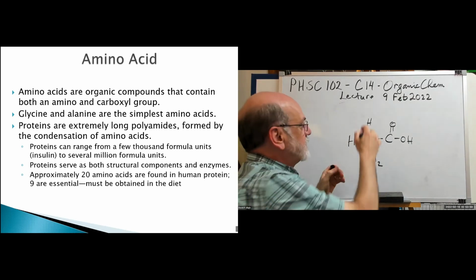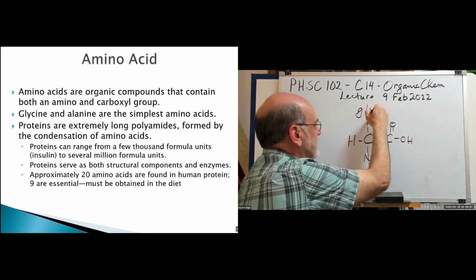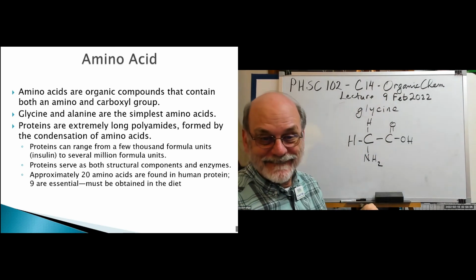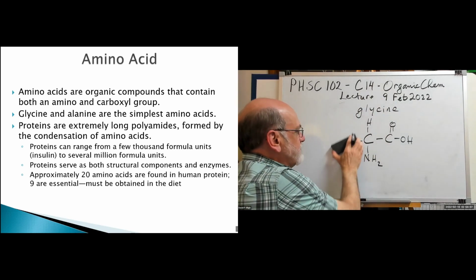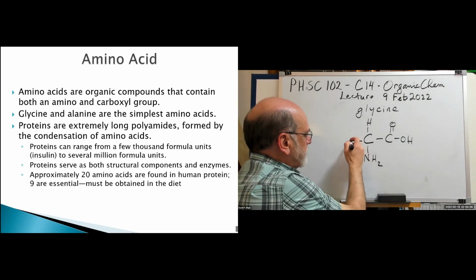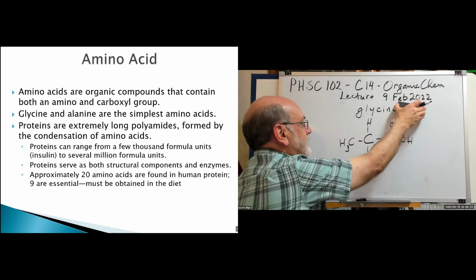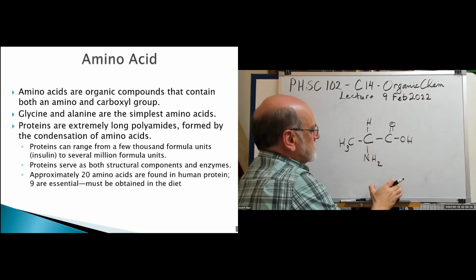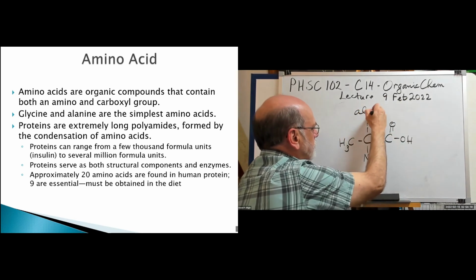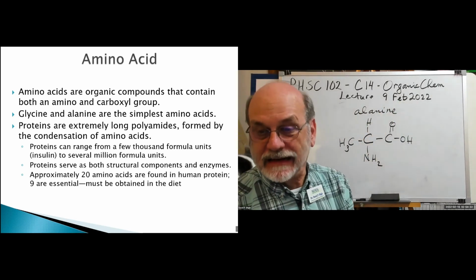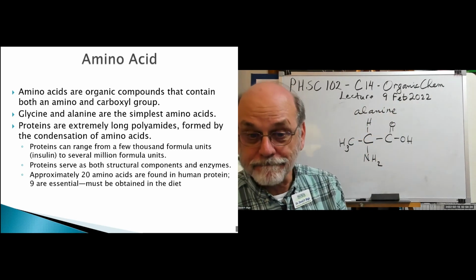When you do that, your amino acid is called glycine. If you substitute a methyl group in there, now you have alanine.